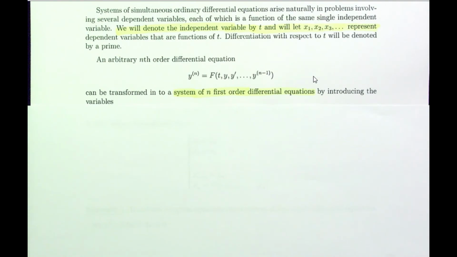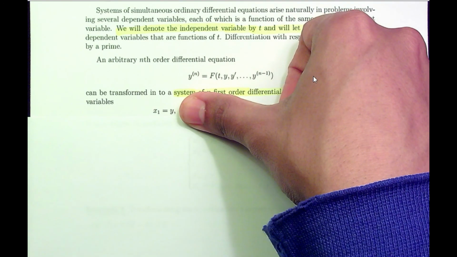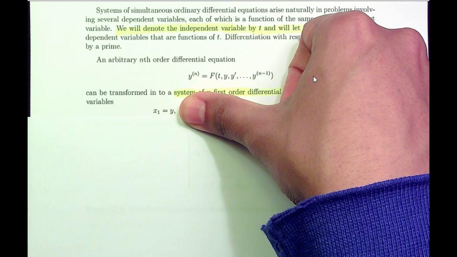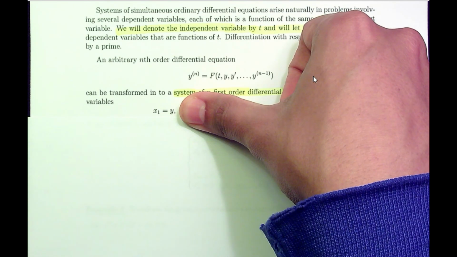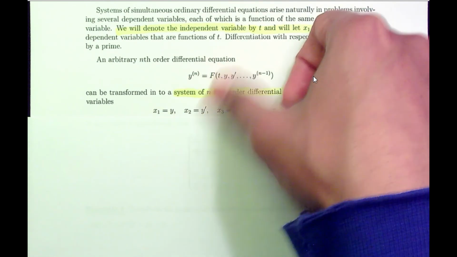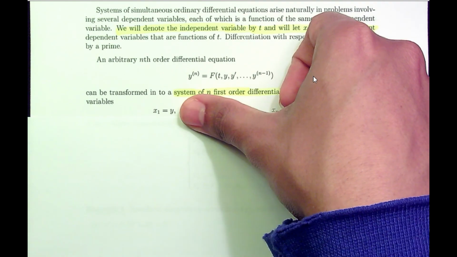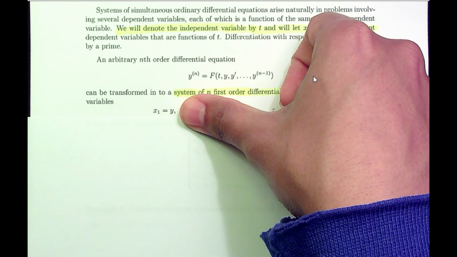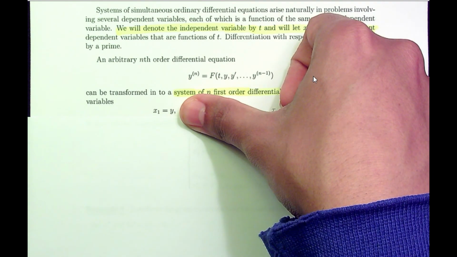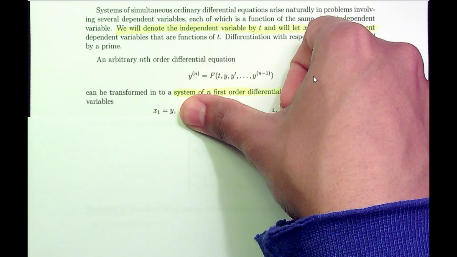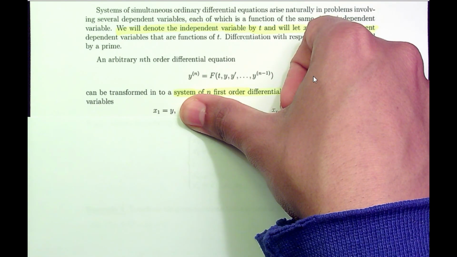You're going to need n variables. If the differential equation is of order n, you're going to need n variables. The first variable is going to be x1 equals y. So y is the function that we're trying to find that is a solution of the differential equation. So your first variable in the system, x1, is going to be y.